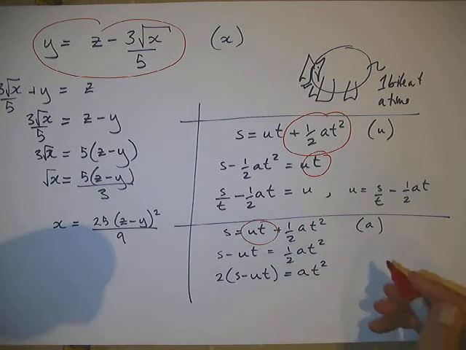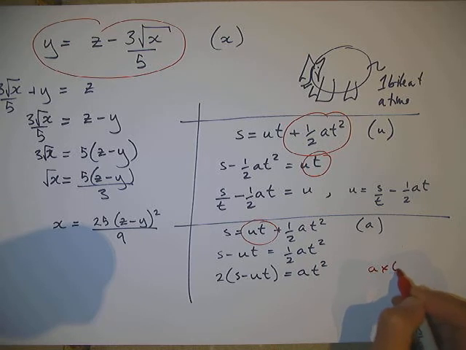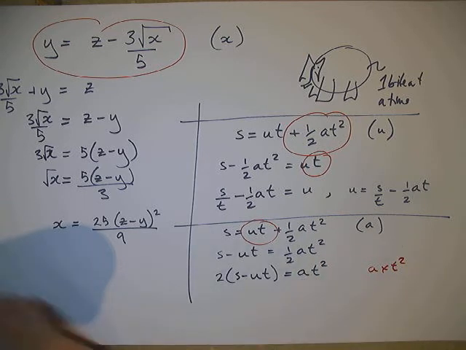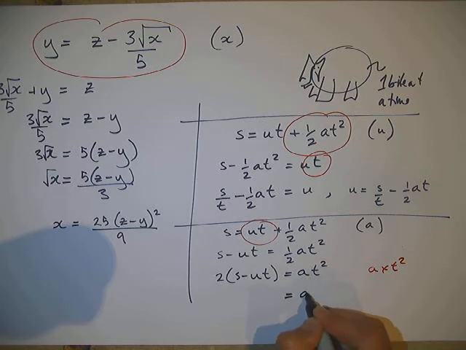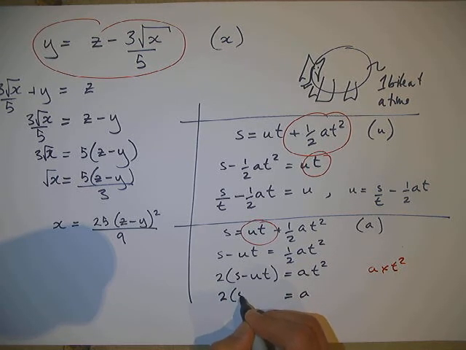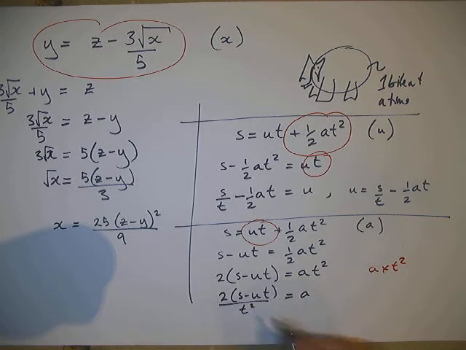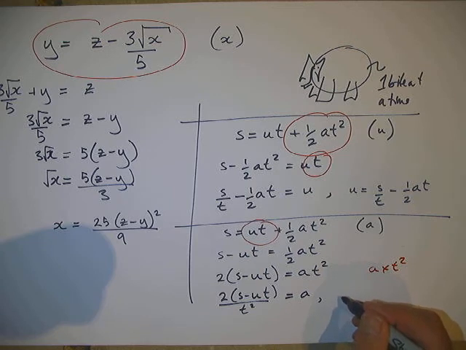Don't forget that this term is a times t squared. The a is not being squared, so I'm just going to divide by the t squared. How could I write that? Simply write it as over t squared. Do I need to simplify it? No, not at our level.